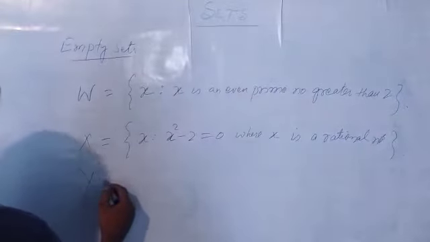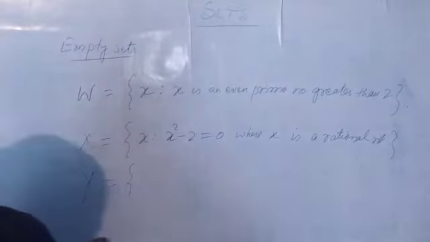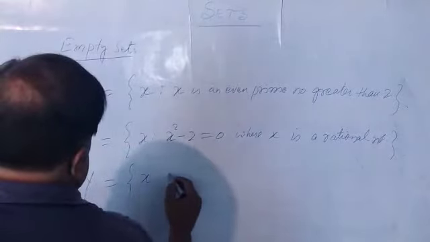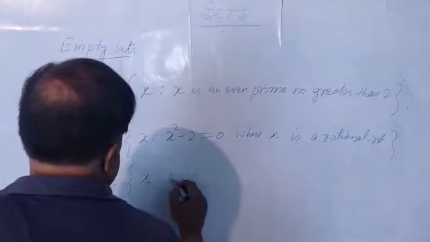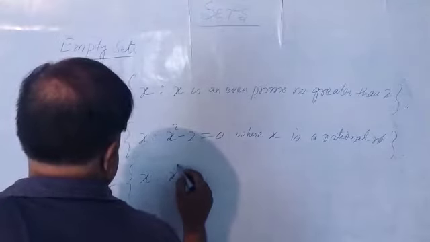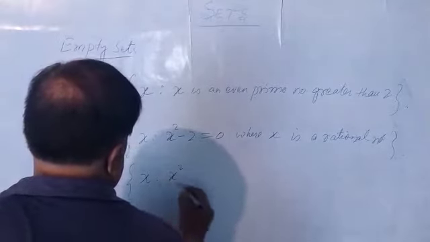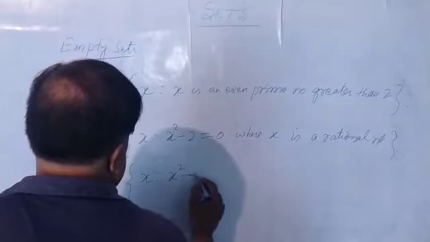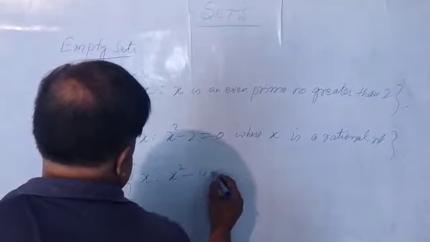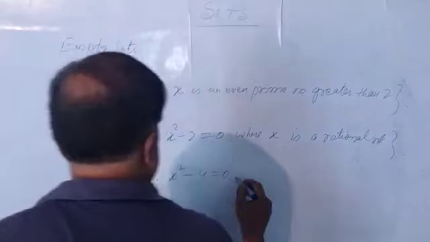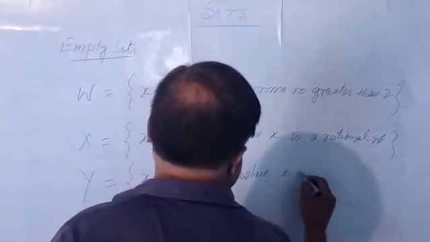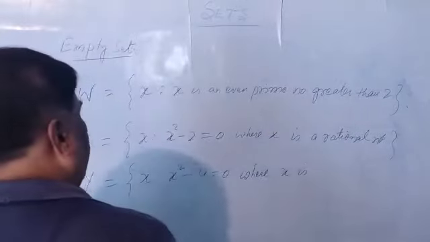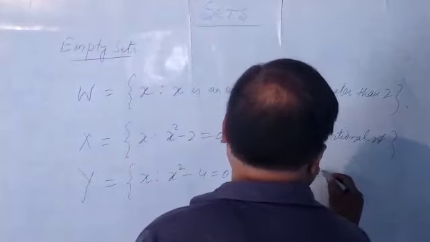Next example, suppose y is the collection of all x such that x square minus 4 is equal to 0, where x is irrational.